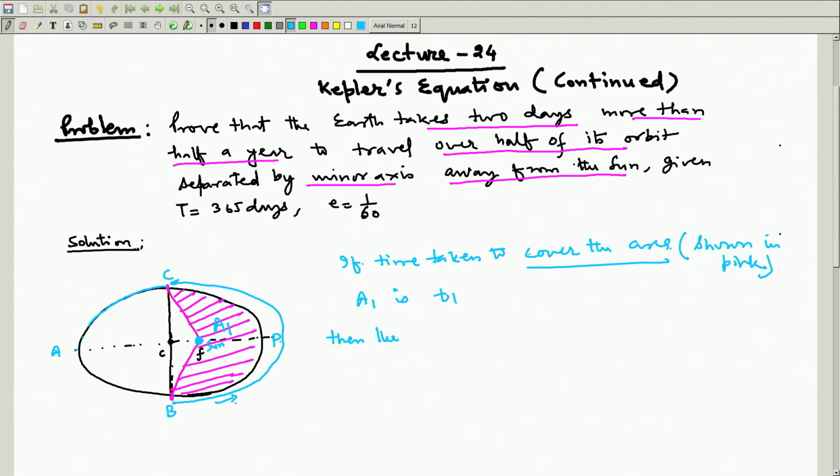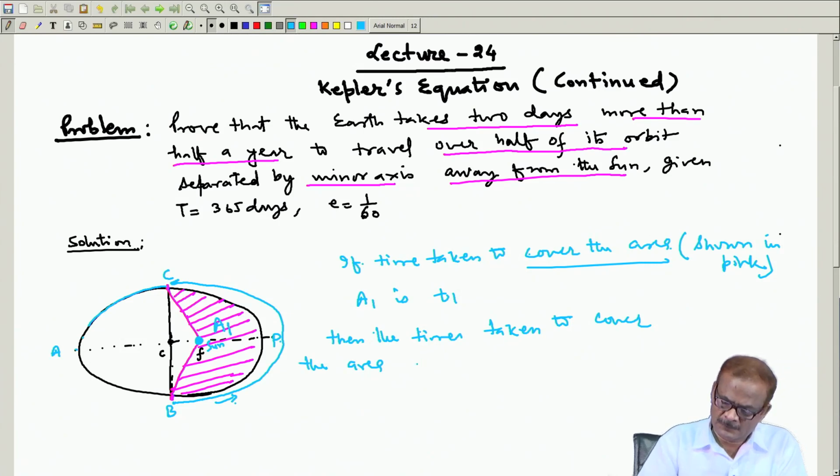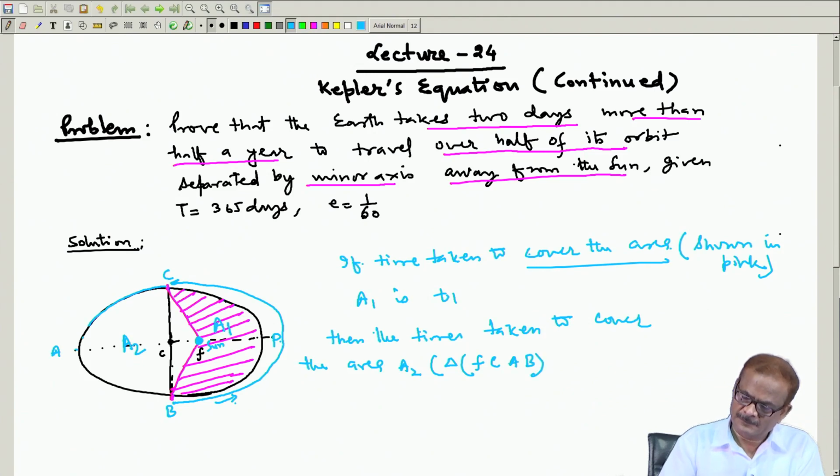then the time taken to cover the area A 2, which is nothing but F C A B, is T 2, equal to T 1 plus 2.